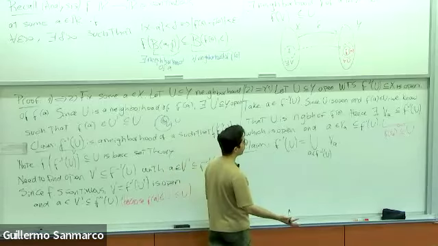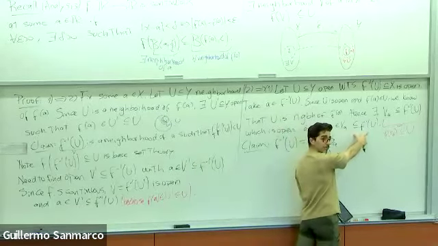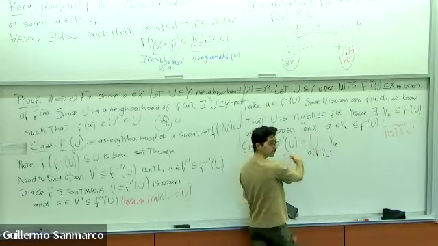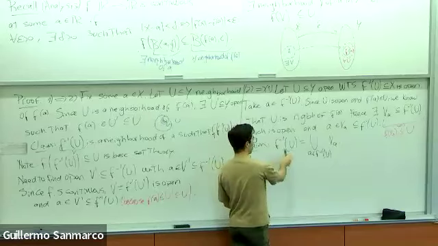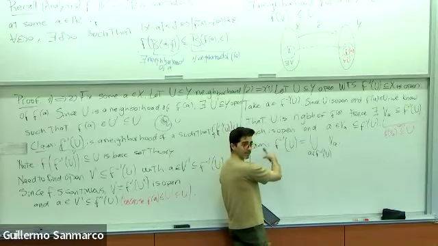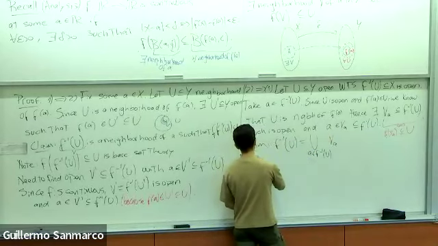How do we prove these two inclusions? Each V of A is a subset of F inverse of U, so this inclusion is for free.